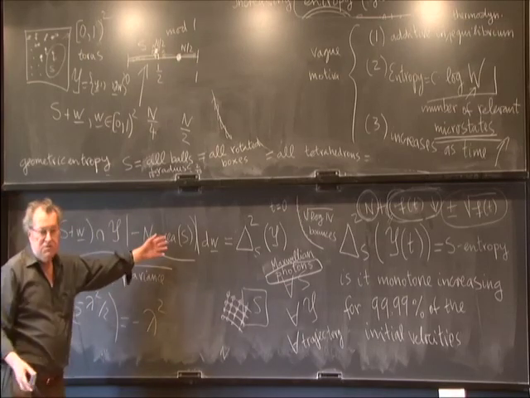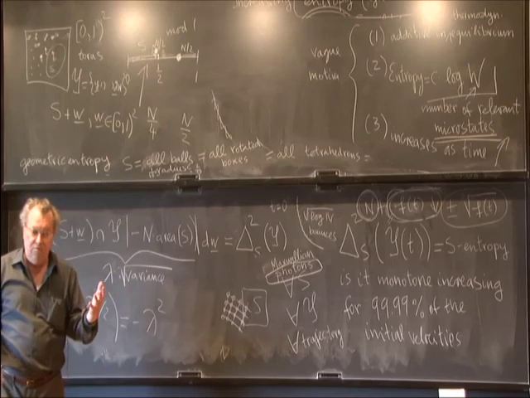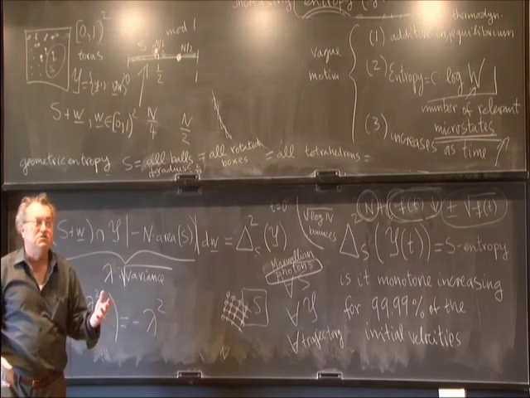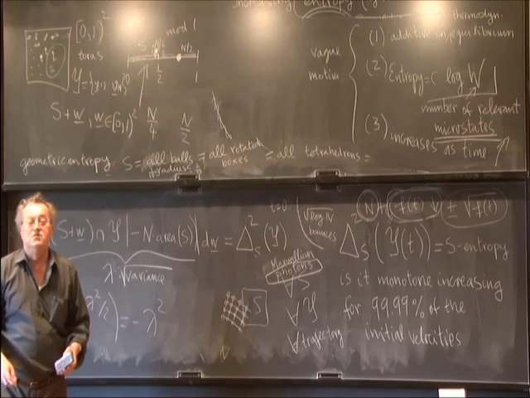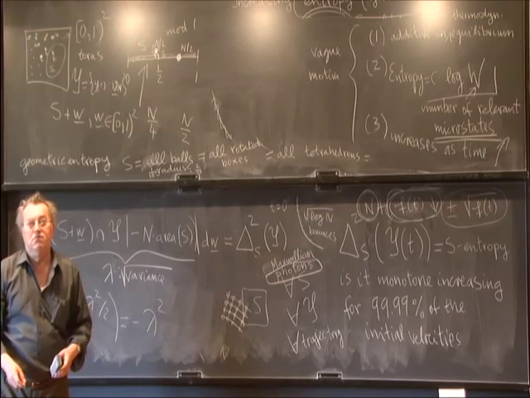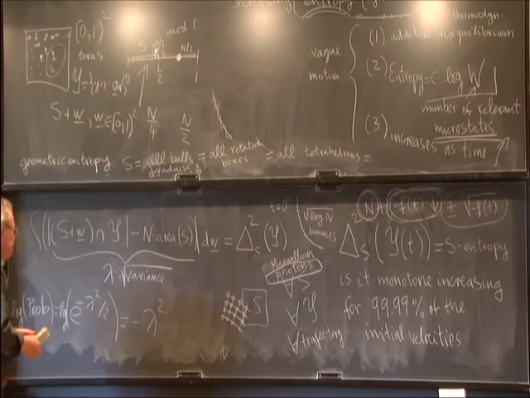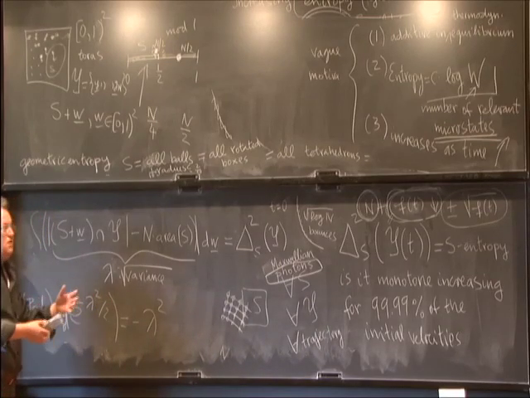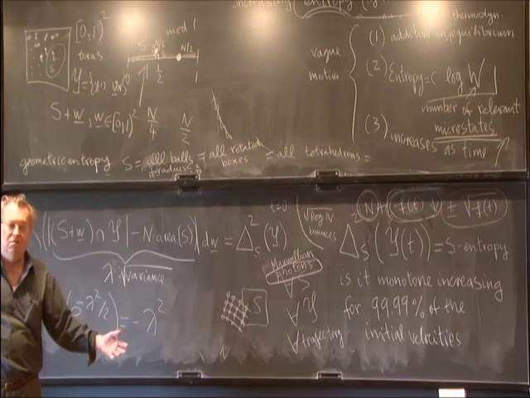And that's what it is. So I'm sure a physicist would scream and say, how can you define the number of microstates in the continuous case? I just said the probability.